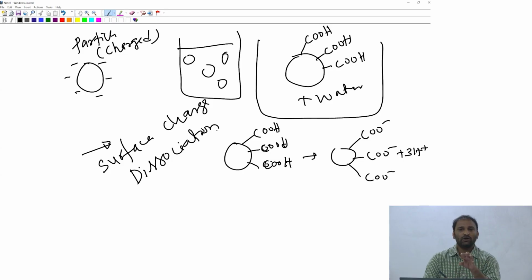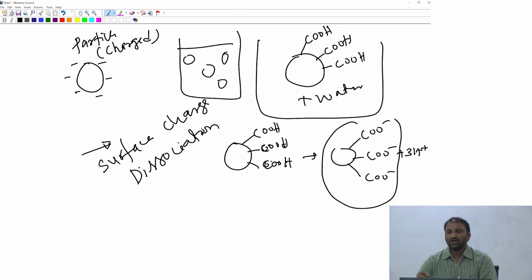So one of the ways by which the particles can acquire charge is that you have a particle with some surface functionalization, done by putting some chemical molecules on the surface. The moment you put such particles in water, there is going to be some dissociation, and that is going to leave a particle charge.